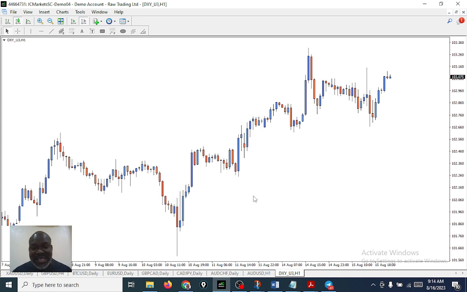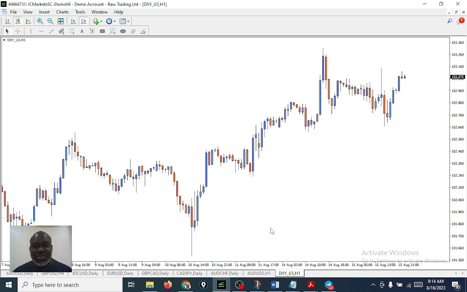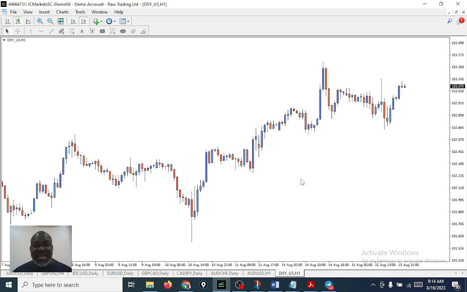And the benchmark currencies are the majors, or the other major economic currencies, such as the Great British Pound, the Japanese yen, the Australian dollar, the New Zealand dollar, and of course I think the Chinese currency. But for now, what we know is that the dollar is doing far better than those other currencies. That's why you see this market structure on this dollar index in an uptrend, okay?